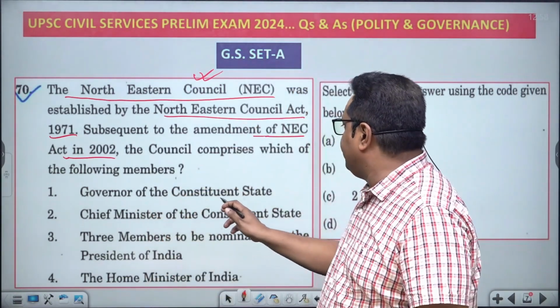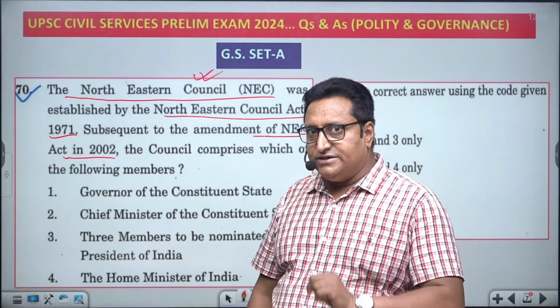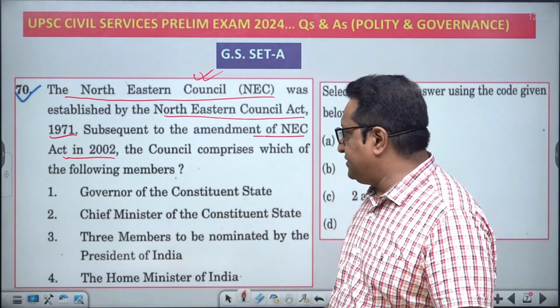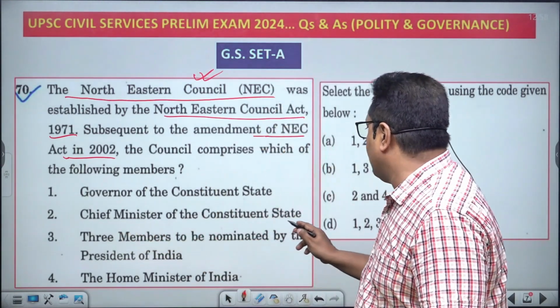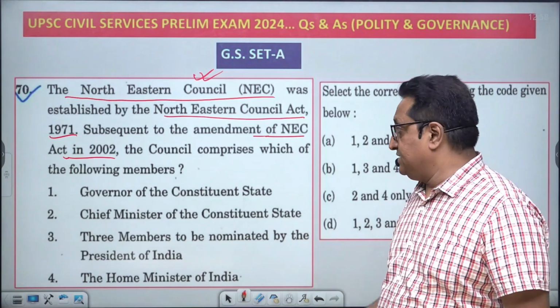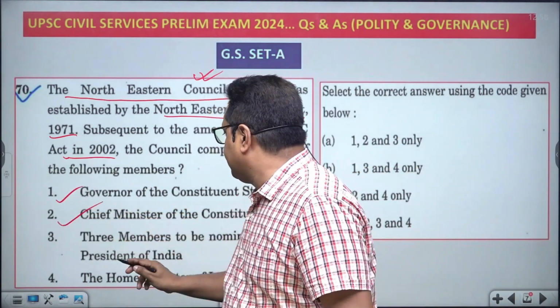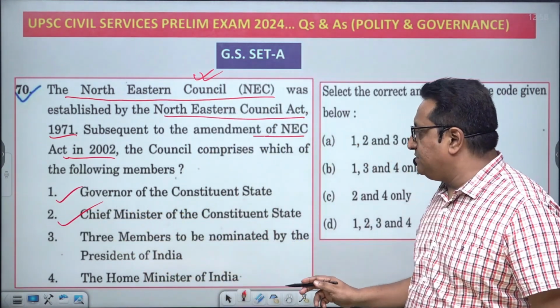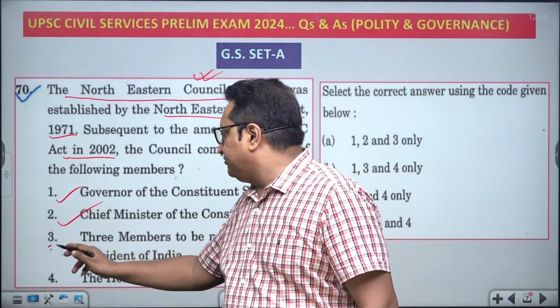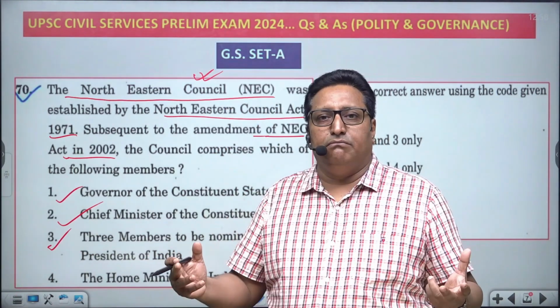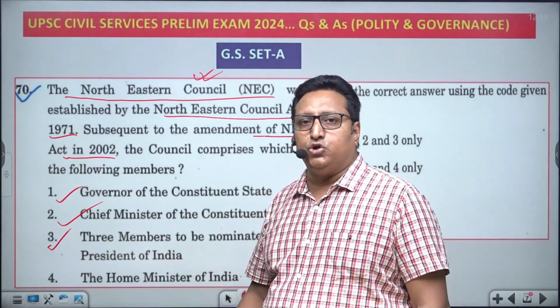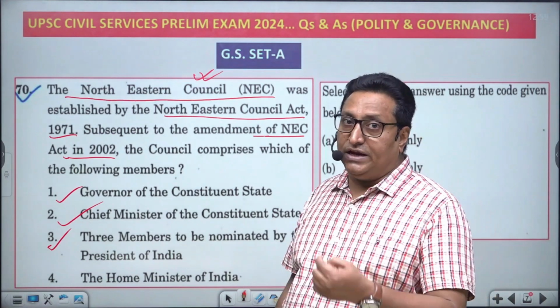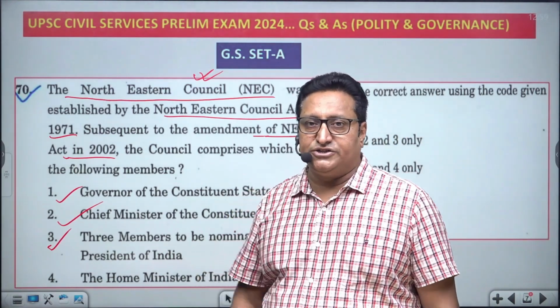So governor of the constituent states, so 8 governors each from the states, and chief ministers of the constituent states, that's also correct. And 3 members to be nominated by the President of India. Yes, that's also correct. It could be any 3 ministers, cabinet ministers who are nominated by the President of India. It could include Home Minister, but not necessarily.